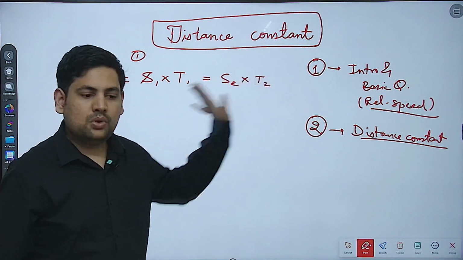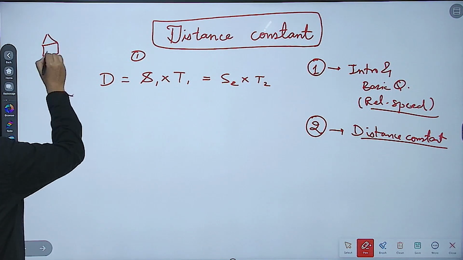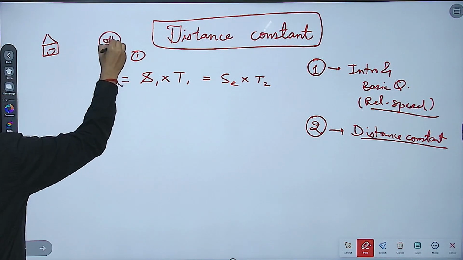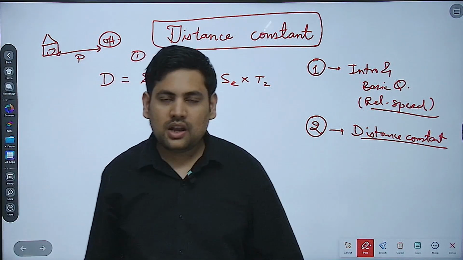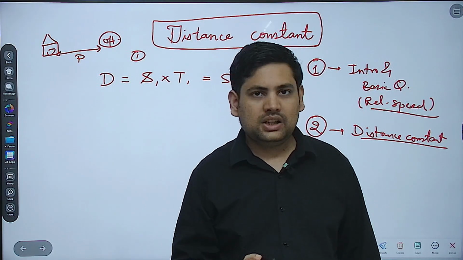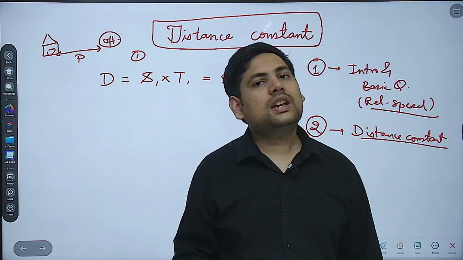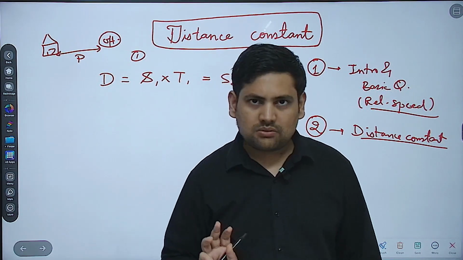Now both are equal to the same distance. For example, I was going from my home to my office. Now this distance d is actually constant. In the first scenario I may be going at some speed and will reach in some time t1. In the second scenario I am going at some speed s2 and I'll reach in some time t2, correct?